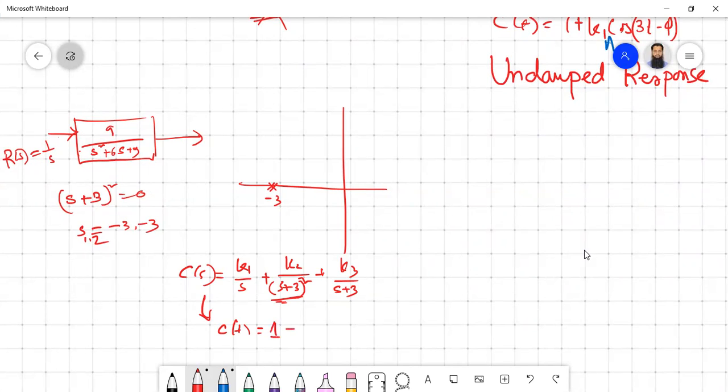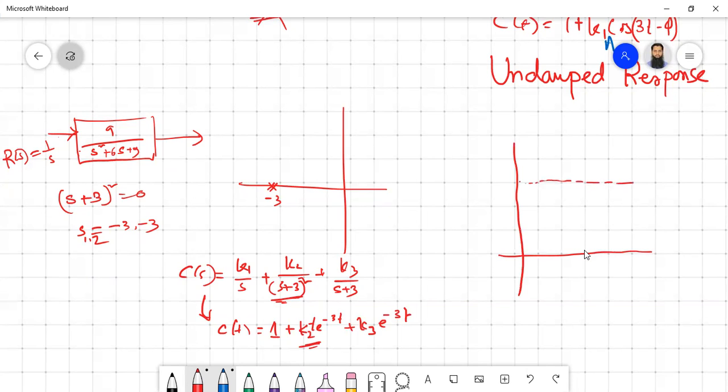So 1 plus K2 t e to the power minus 3t, because of the square you will have t, plus K3 e to the power minus 3t. So you have an additional term. Both of them in the same location will actually produce the fastest response without any oscillation.